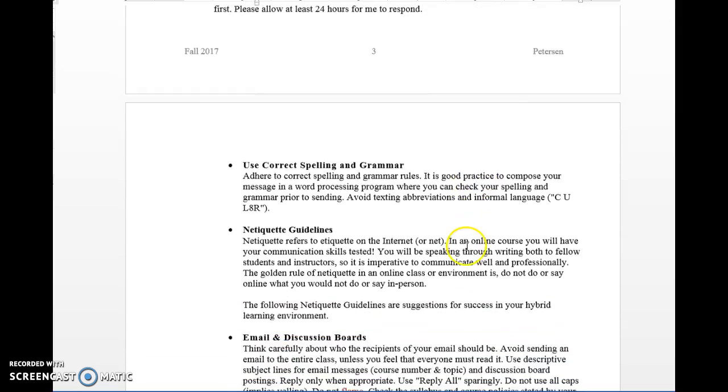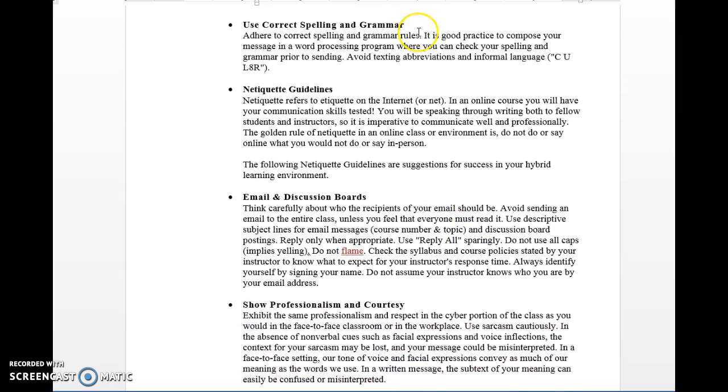Okay. And when you are writing, please use correct spelling and grammar. Okay. You want to avoid text abbreviations, informal language, okay, and Spanish with having accent marks and some different characters than English has. You want to make sure that you use those as well.